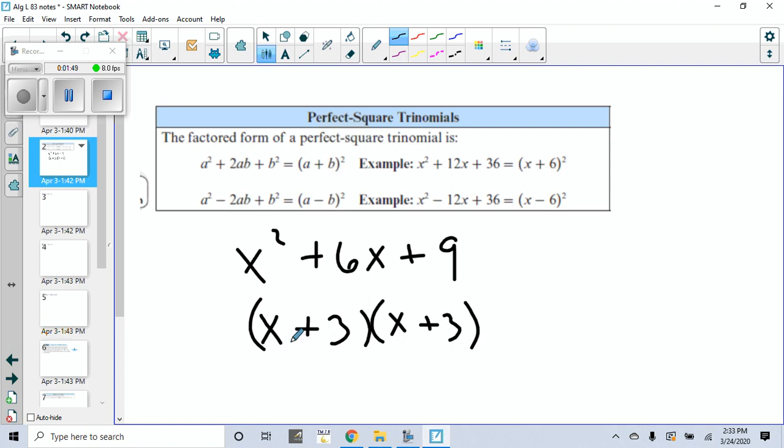The factors of x squared are x, and the factors of 9 that add up to 6 are 3 and 3. And if you notice, this ends up being two identical binomials. Or you could write it like this: x plus 3 times x plus 3, or the quantity x plus 3 squared. So when you can factor a trinomial and it results in two binomials that are identical, that means it's a perfect square trinomial.